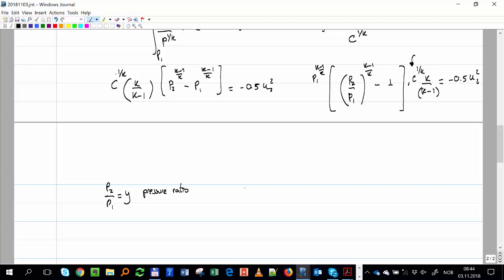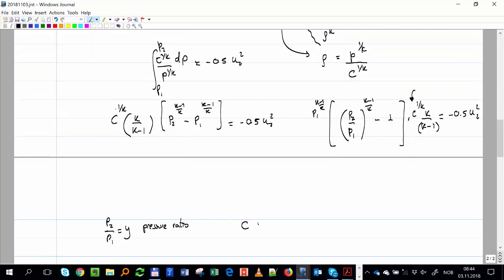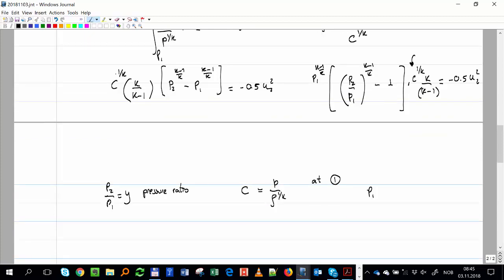C, we know from the equation above, is P over density to the 1 over K, and that is going to become constant from 1 to 2. But I usually know the properties, or can calculate them, at the inlet of the choke. So if I apply this equation at position 1, C will be equal to P1 over density 1 to the 1 over K.